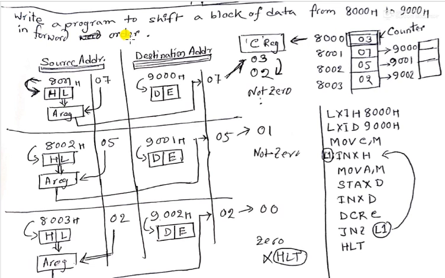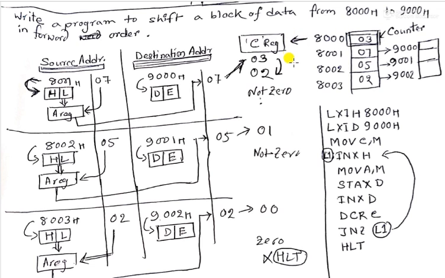As I told before, whenever you are trying to write a program, you have to understand the flow of the program, how the control of operation will flow. From this diagram, it is clear that the 8,000 location value is my counter value, and we have to store this counter value in some register.